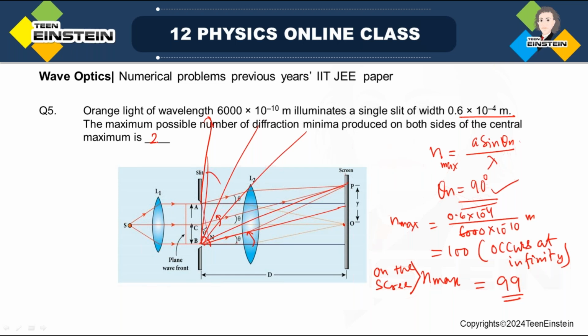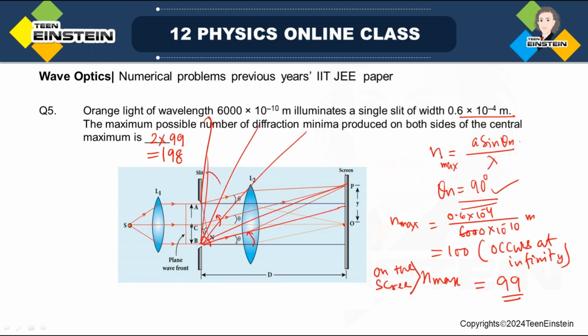So I will have the maximum possible number of fringes, like minima, diffraction secondary minima on both sides of the central maximum, and that number will be 2 into 99, that means 198.